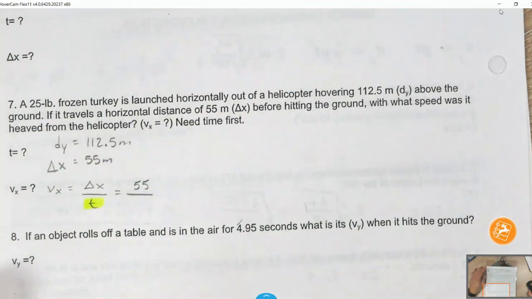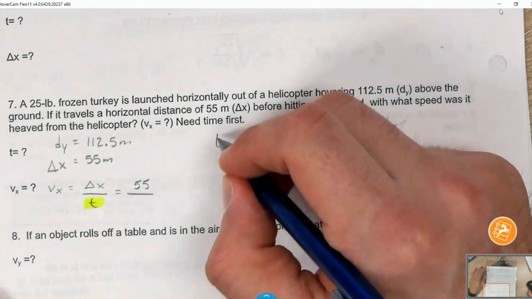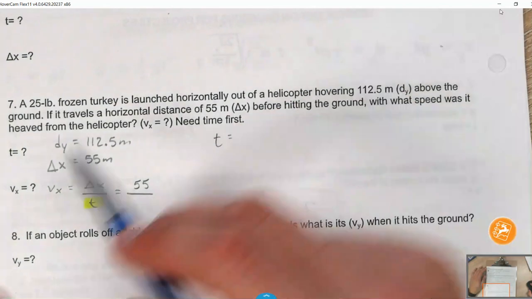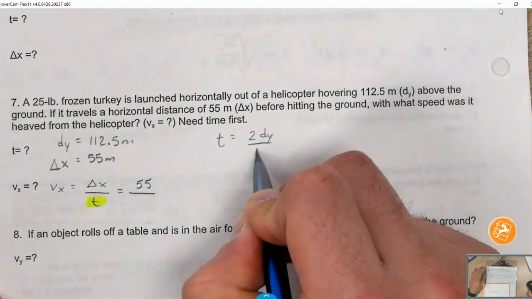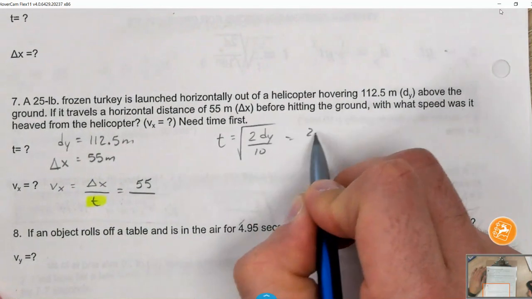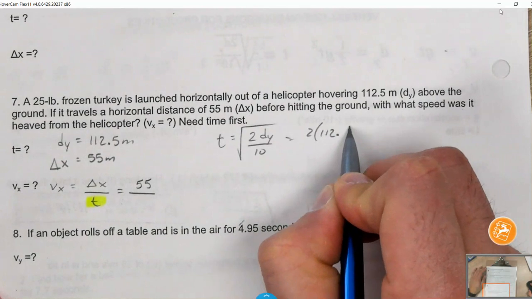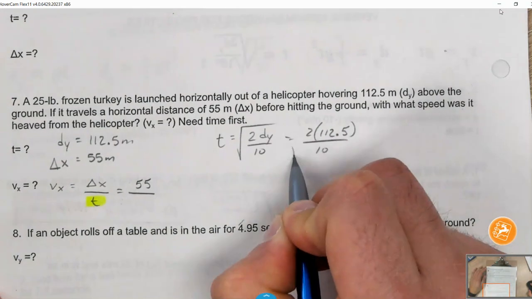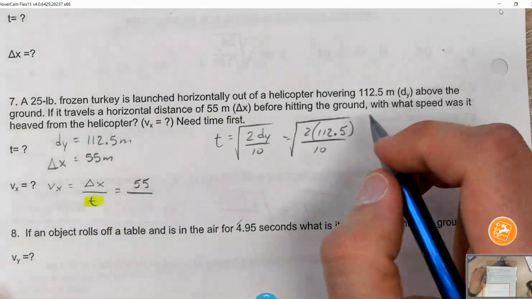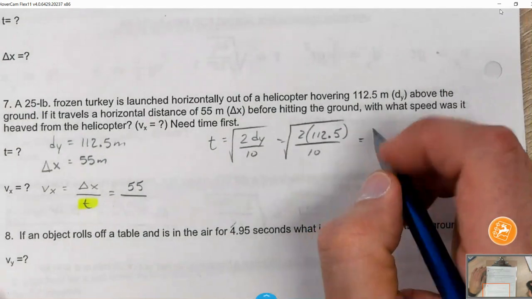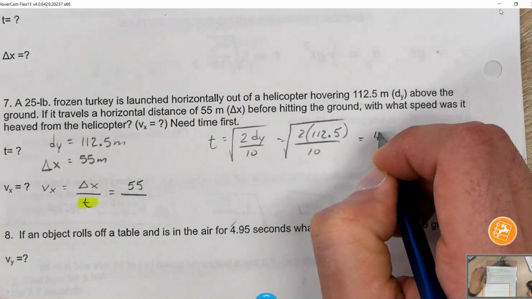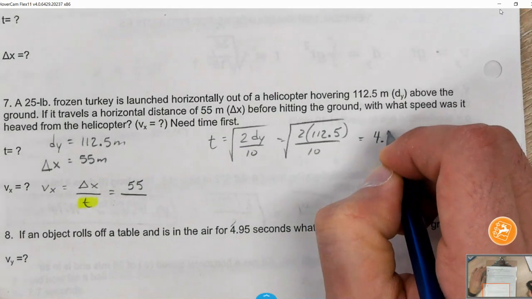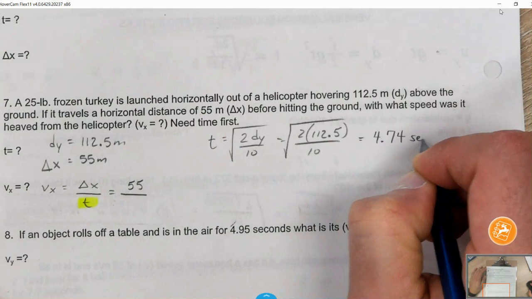Side quest. Correct. If you don't have time but you're given height, you can do the square root of 2 dy over 10. So you're going to do 2 times 112.5 over 10 and square root, and this whole thing would come out to be 4.74 seconds.